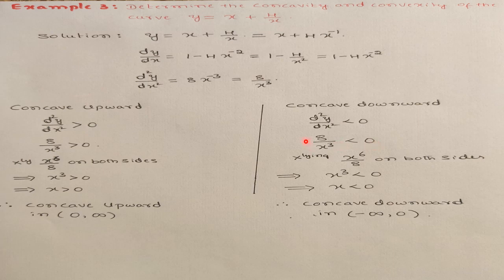In LHS, x to the power 6 divided by 8. 8 gets cancelled. In the numerator, x to the power 6. In the denominator, x cube. This is x cube. X cube is less than 0 means x is less than 0. Therefore, x is less than 0 means in this interval minus infinity to 0, the curve is concave downward.